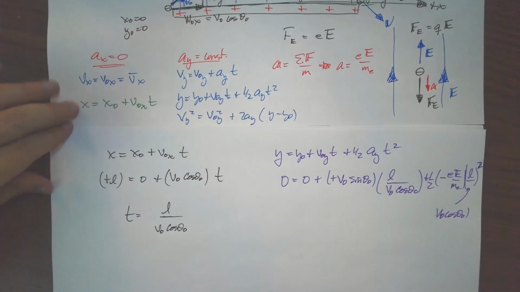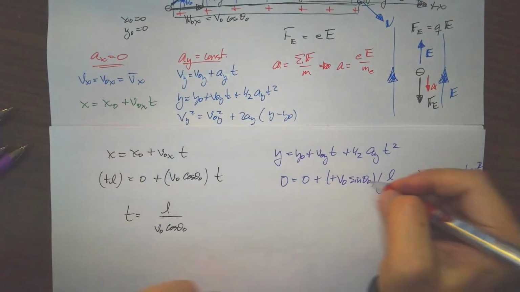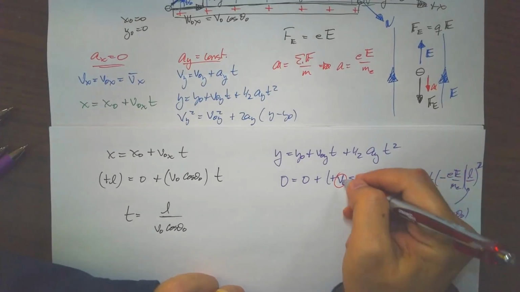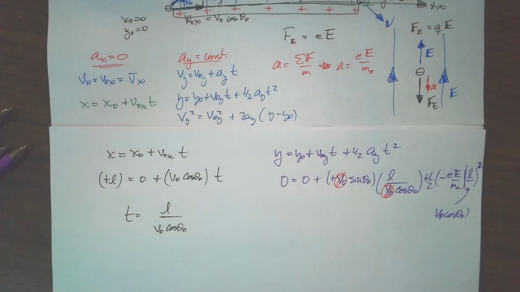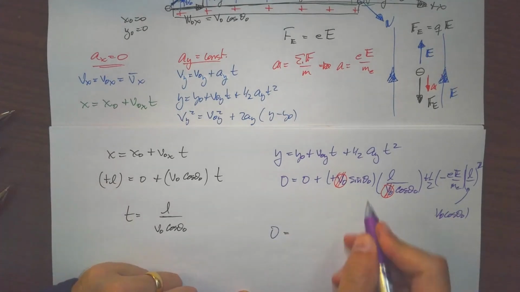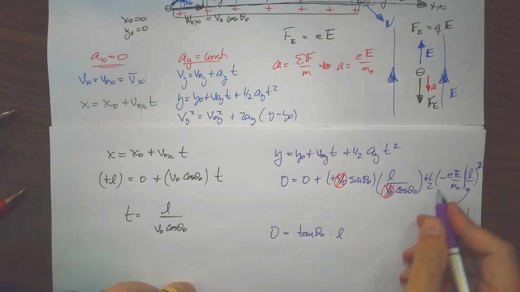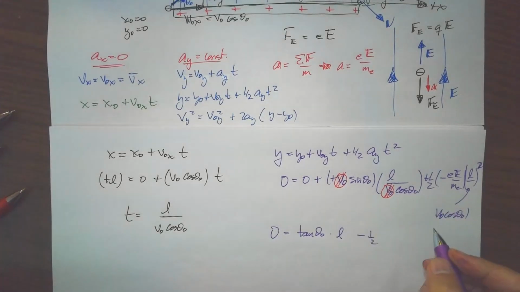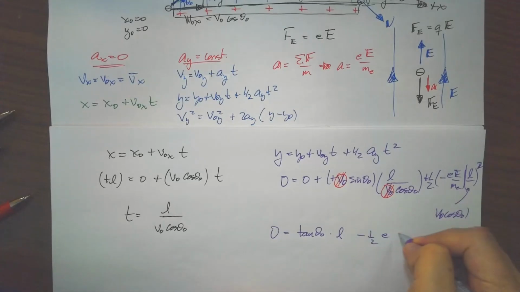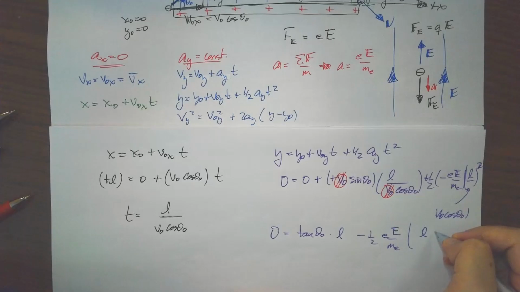Okay, so let's clean this up. Those will cancel. This is just 0. And so I get sine of theta over cosine of theta, so I'll write that as tangent theta naught times L. And then this will be minus 1/2 times e E over the mass of the electron, times L squared over V_0 squared cosine squared theta naught.